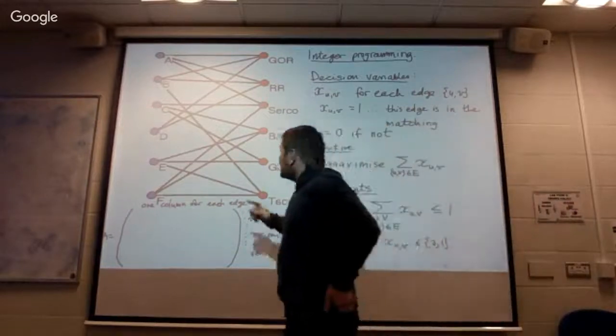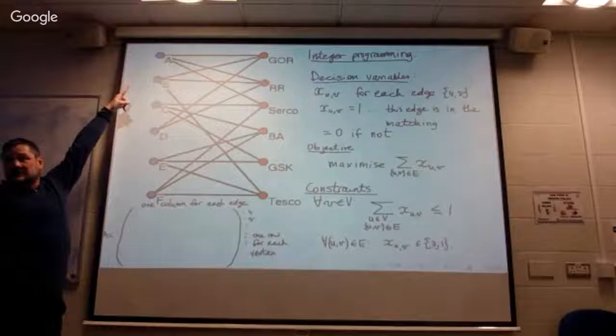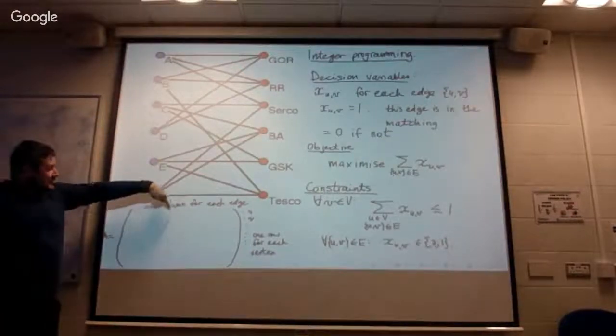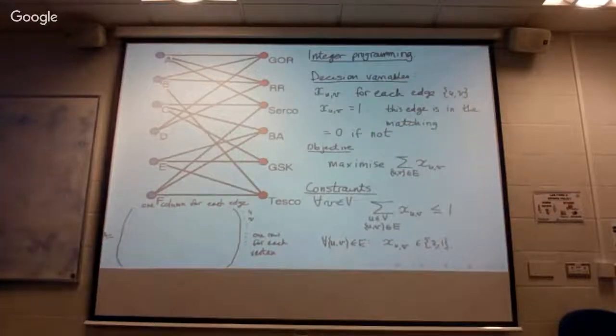So if A was the first row, then those three edges going out of A would get a 1, and the rest would get a 0.